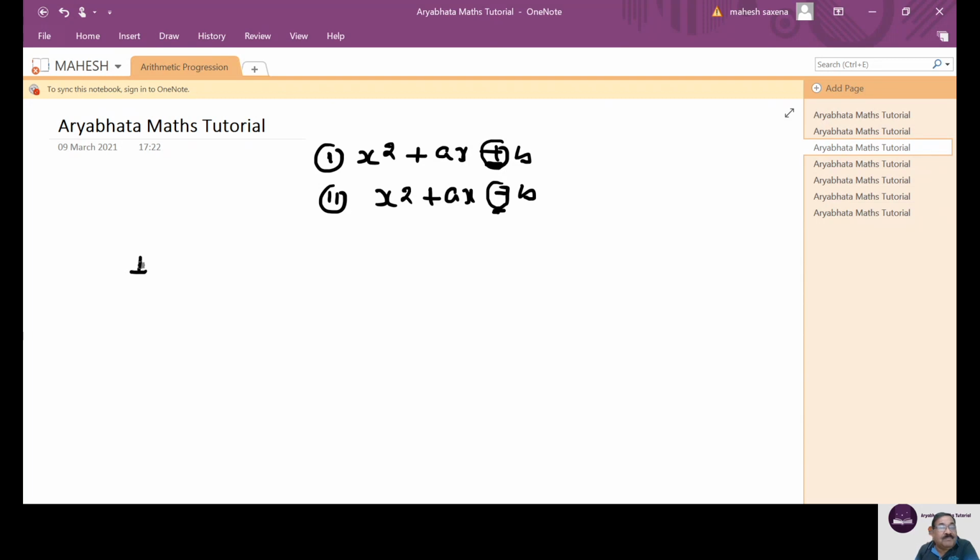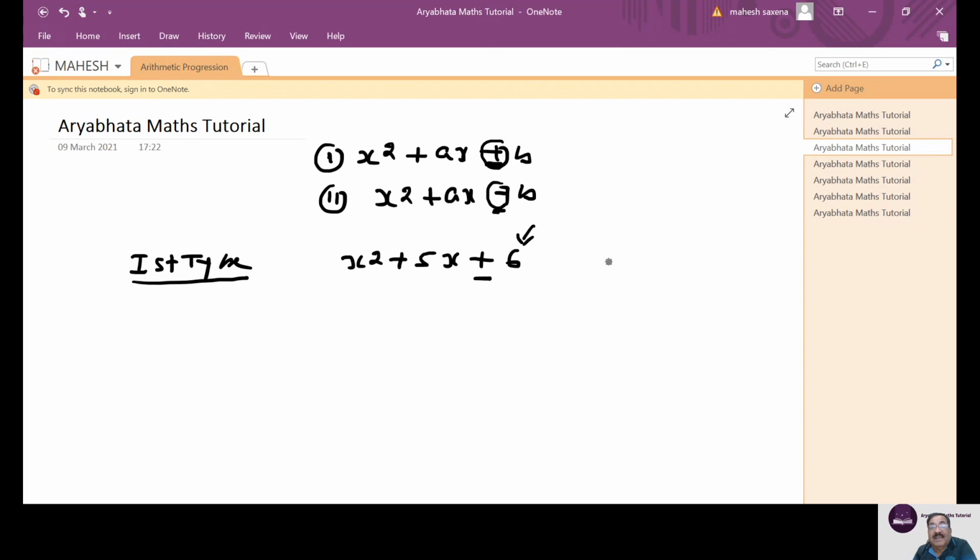First type. Suppose it is x square plus 5x plus 6. In this type, the constant is positive. Therefore, we will break 6 into two terms such that their product is 6 and sum is 5.